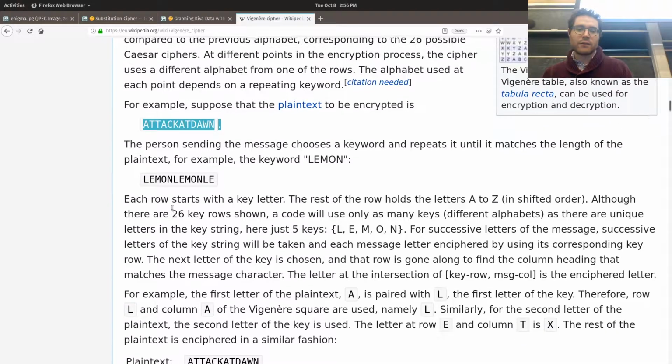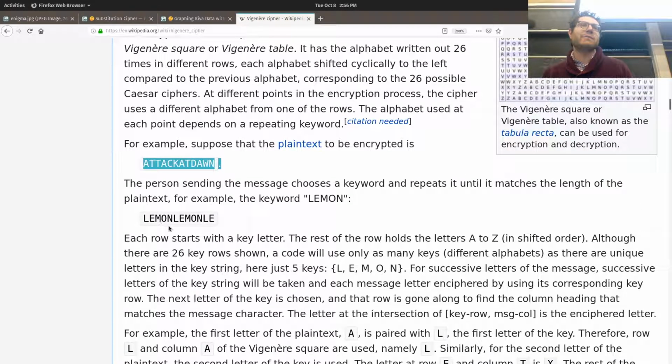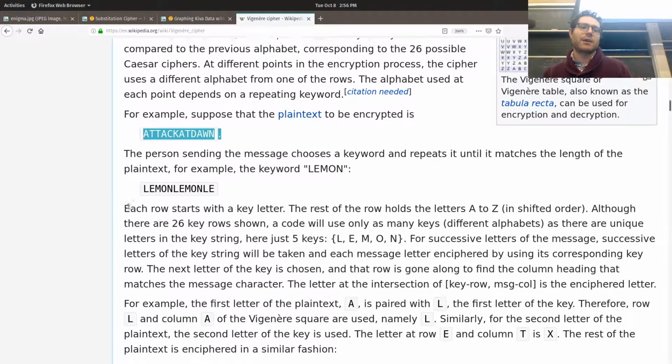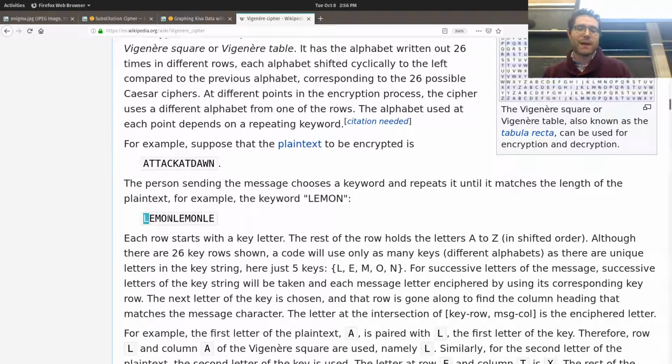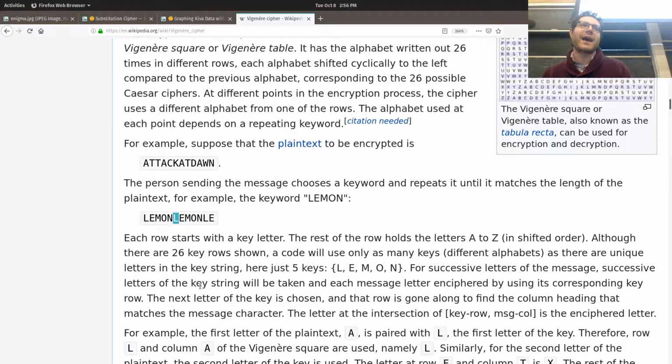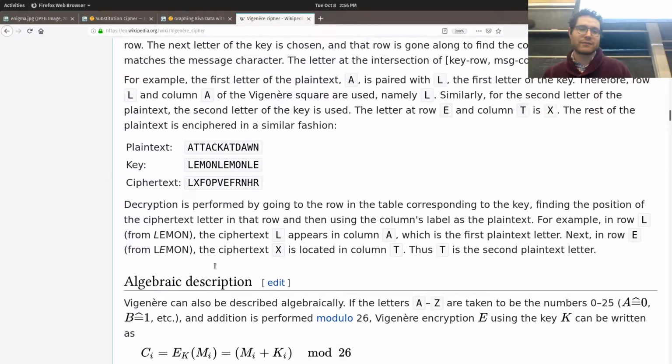And then what you're doing is you've got 5 separate Caesar ciphers going on at the same time. All the letters, the first letter, the 6th letter, and the 11th letter, are all rotated by L, whatever the numerical value of L is.